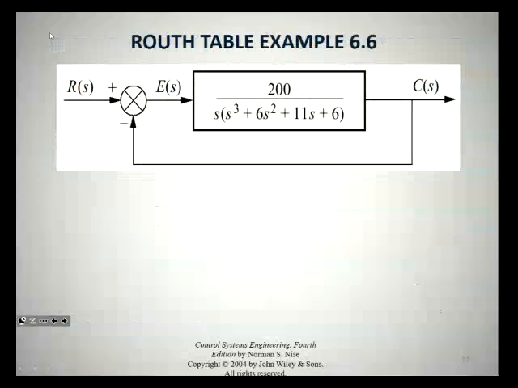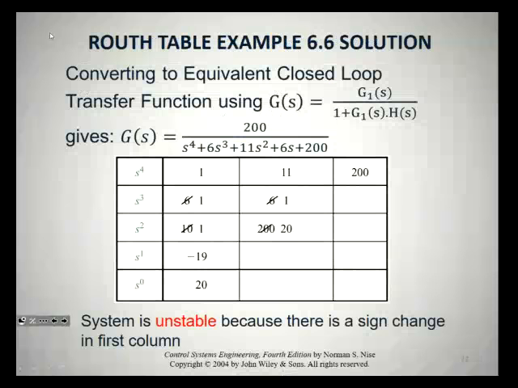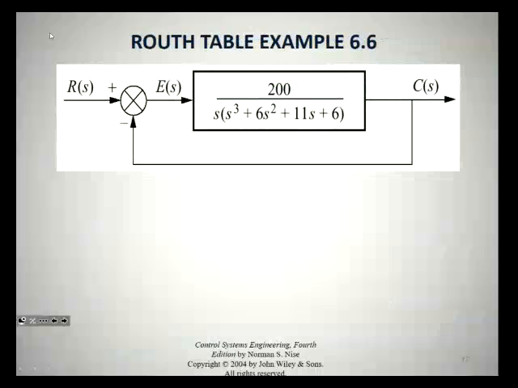So here's another example. That's the open loop transfer function for the system. So we've got one there. I think that should work out as 206 as the last number. That doesn't actually look right. Oh no, because it's 6s. Sorry, yes, it will just be 200 because that's 6 times s.